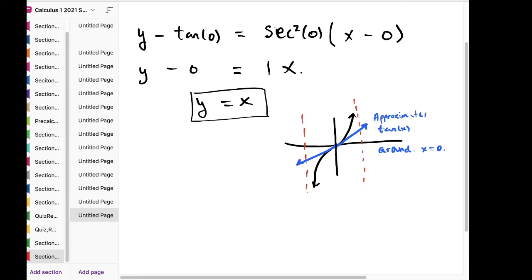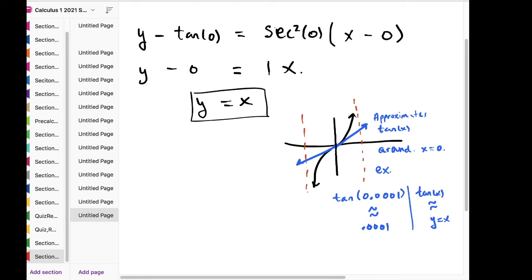So if you want to calculate, let's say, tangent of 0.001, this is skipping ahead, but it's nice to think about. If you plug that into the calculator, it's probably going to be very close to 0.001. Because for the very reason that tangent is a lot like y equals x.